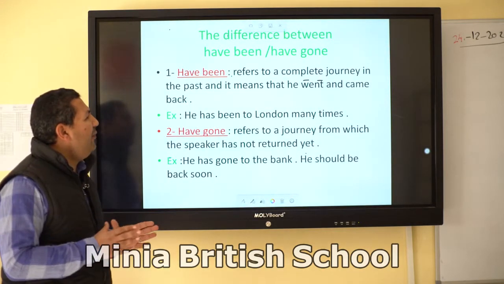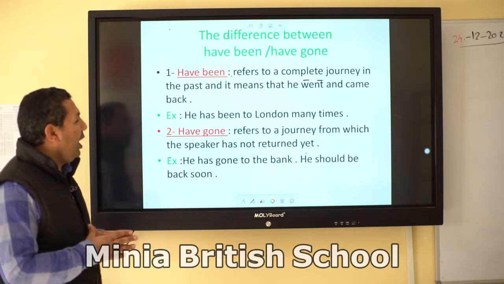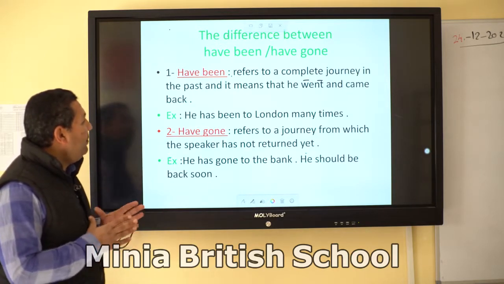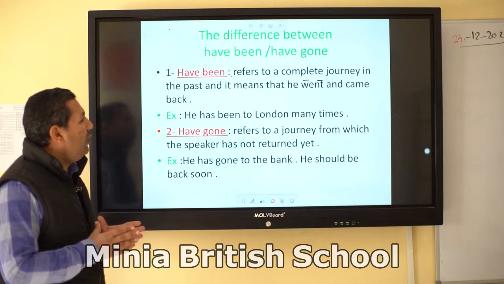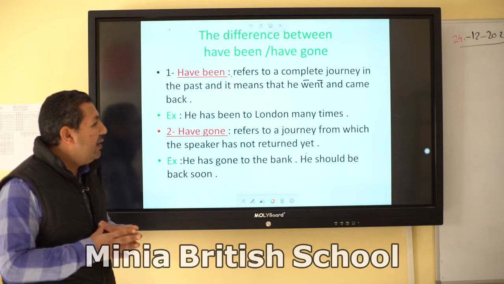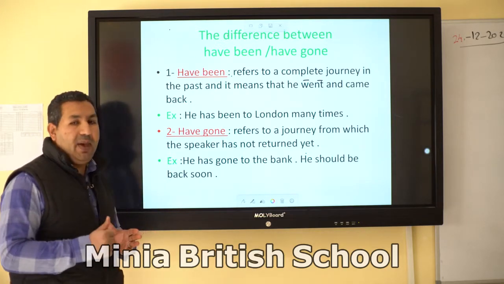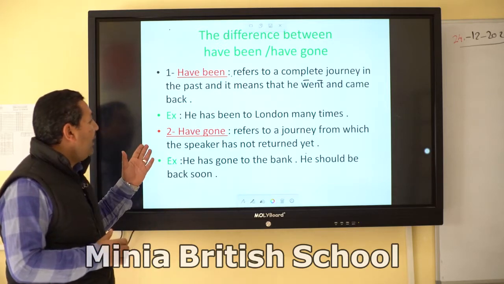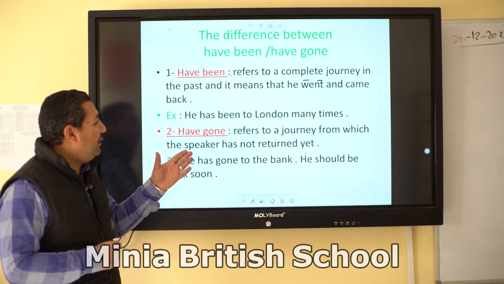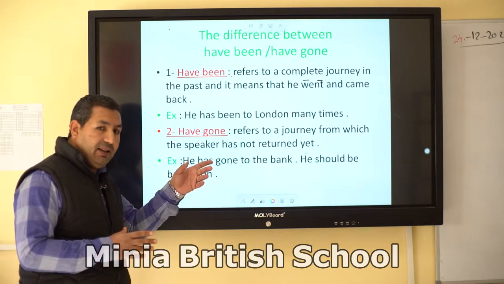So, what's the difference between have been and have gone? Have been refers to a complete journey in the past, and it means that he went and came back. For example, he has been to London many times. Is he still there in London now?